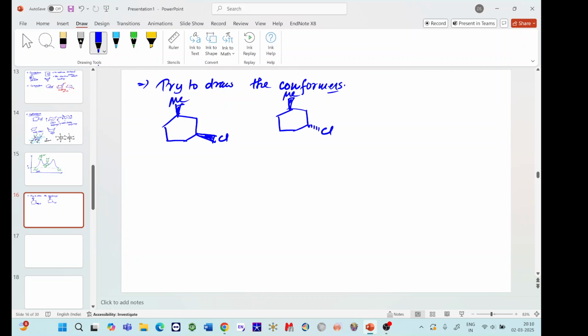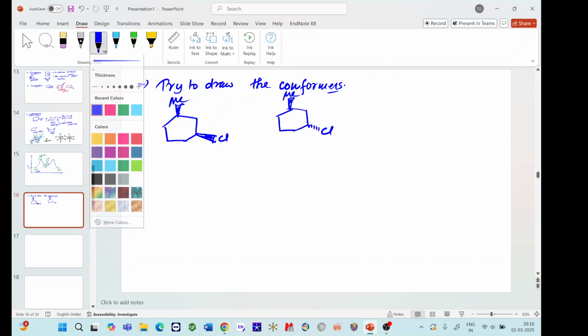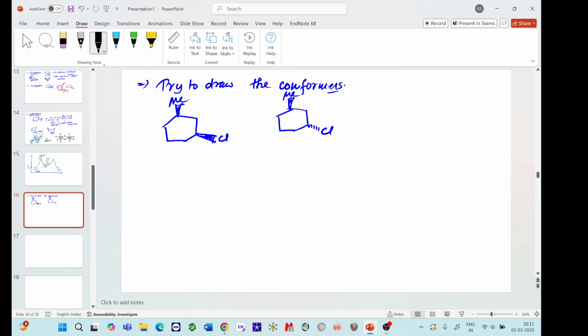So what is the name for this one? If you number it, give the number 1, 2, 3, 4, 5, 6, these are on the same side, top of the plane. So this is cis.